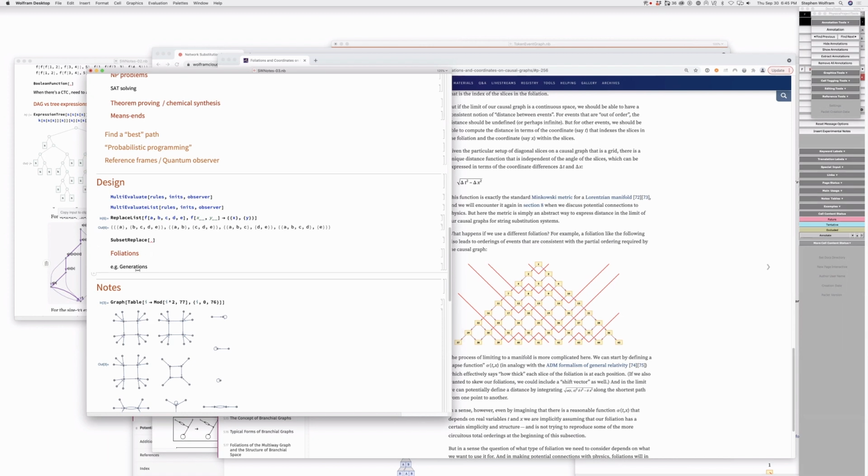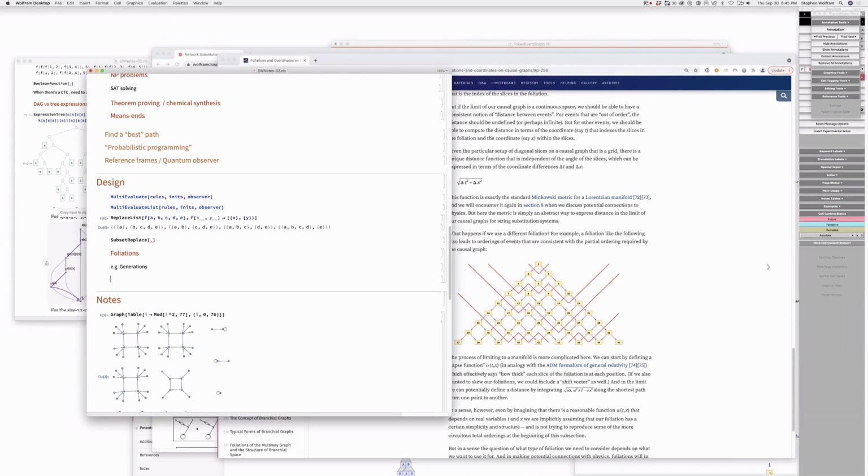Okay, but then we can talk about foliations as basically their event orderings. Well, there's a little bit more than that, because event ordering, yeah, that's a total order. Foliations are a list of events. Right. That would give a total order. But what we want is exactly a partial order. Right.